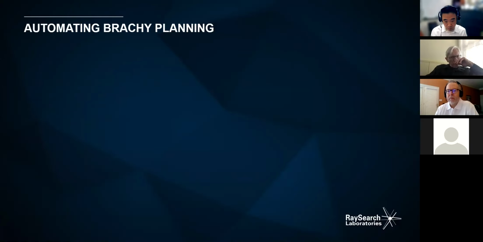For RayStation in general, we think it's important to provide tools that make it possible to automate your treatment planning as much as possible. That has also been one of our focuses for adding functionality for brachytherapy planning.